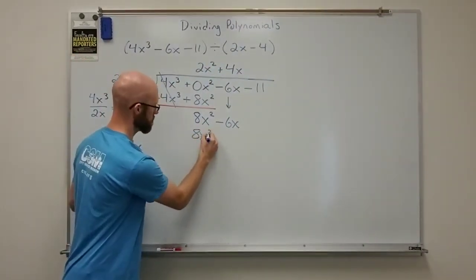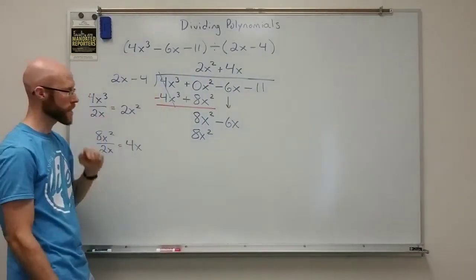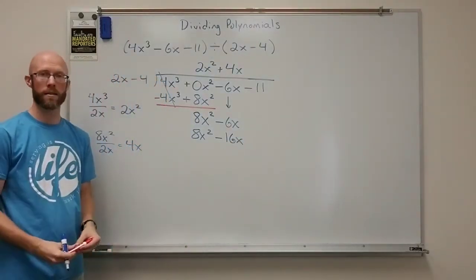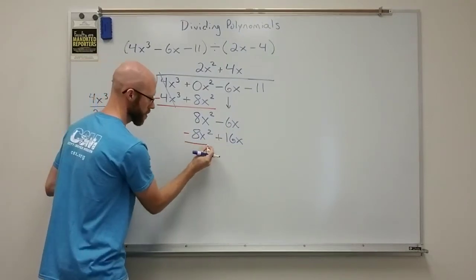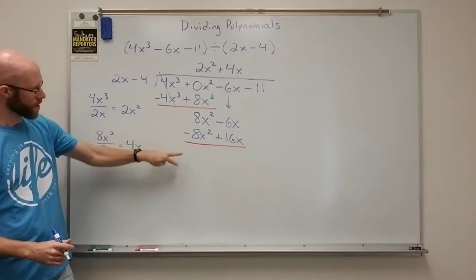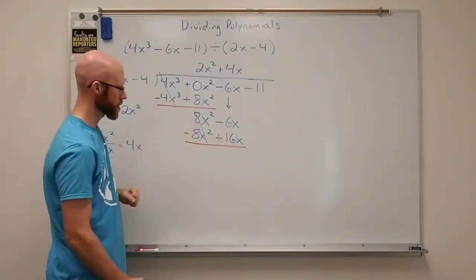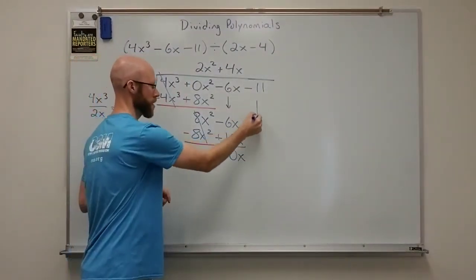Should always match up. 4x times negative 4 is a negative 16x. And again, change the sign, draw the line. Don't forget that step. Change both signs. Draw that line down. The 8x squares drop out. Negative 6 plus 16 is 10x. And then I bring down the minus 11.